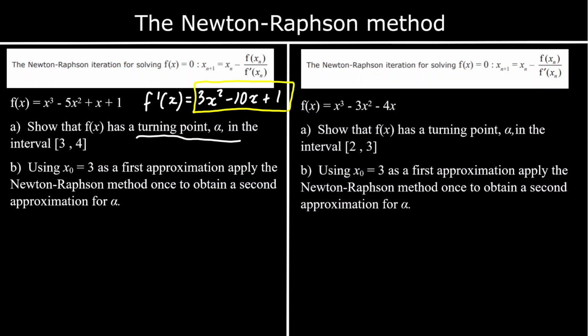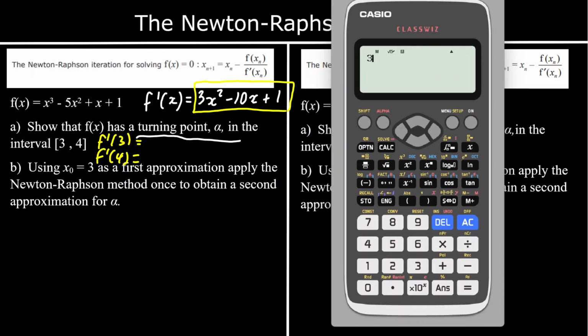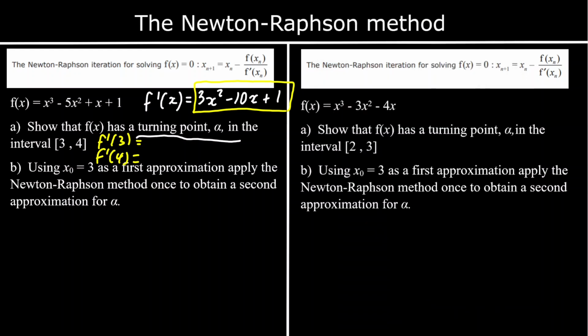So if we substitute in 3, substitute in 4, we should get a change of sign. So we have 3 times 3 squared minus 10 3's plus 1, which is negative 2.